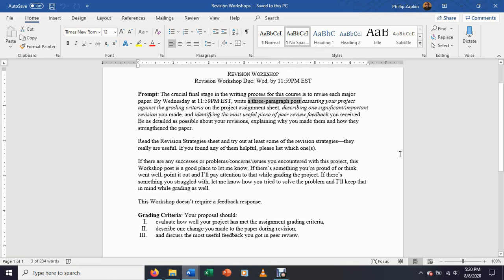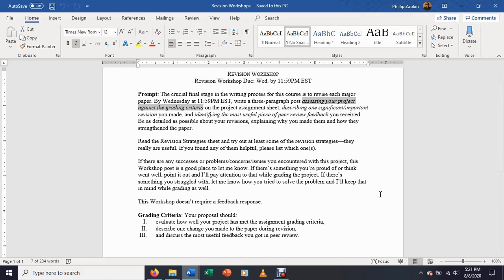the revision workshops, once again, are going to be 3-paragraph posts with each paragraph carrying out a specific task. So the first paragraph is going to assess your project against the grading criteria on the project assignment sheet. So each of our assignment sheets for the major project are going to have a set of grading criteria like the ones on these workshop sheets. Those are again going to be the criteria that I use to assess how successfully you've completed those projects.